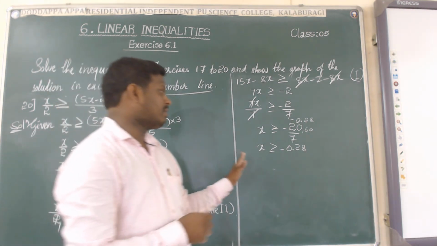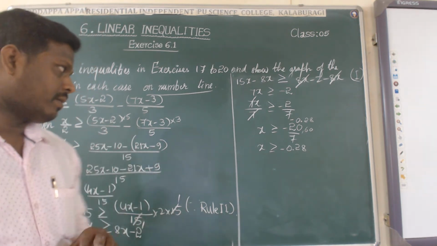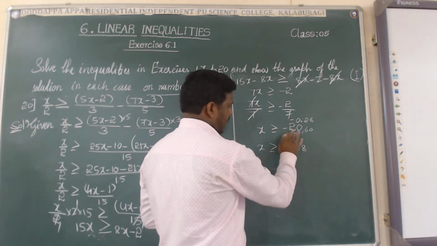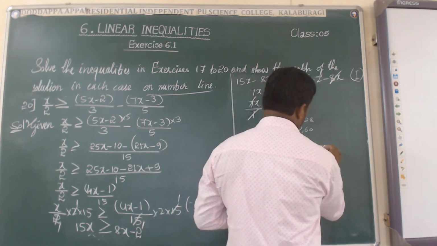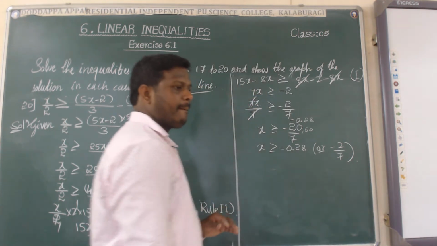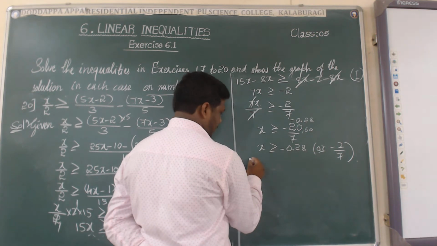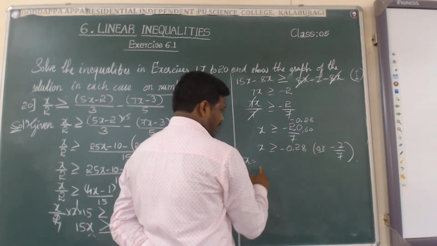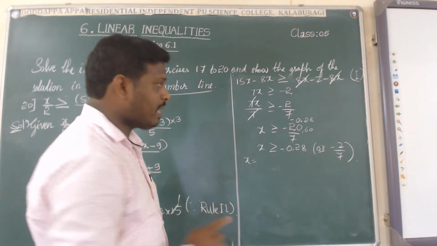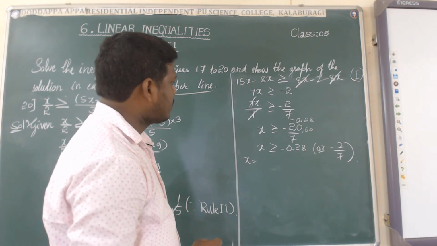How can we represent this value on the number line? This is the important step. Otherwise, in brackets you can also write minus 2 by 7. Take a number line, and here I will write the value of x. More than or equal to is there here.